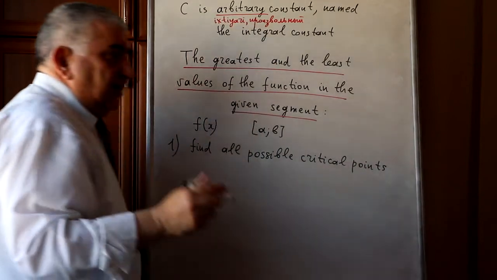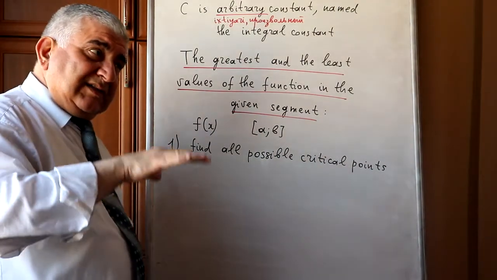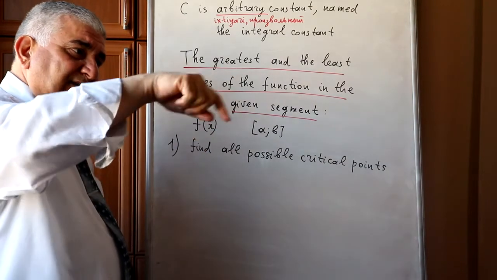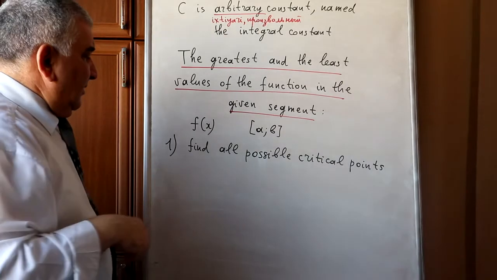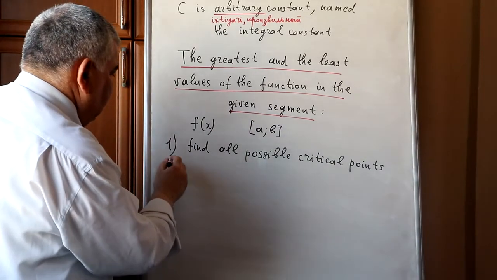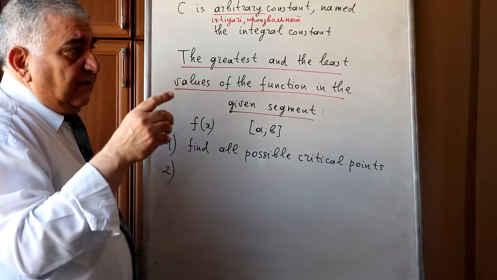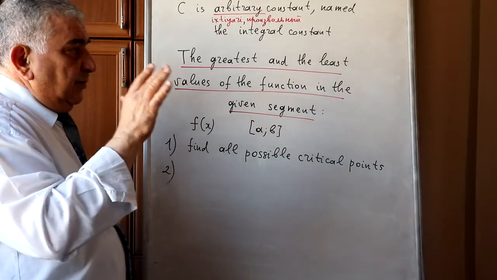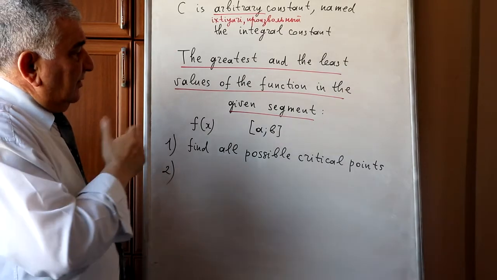For this, we must equalize the derivative. First find the derivative of the given function, and then equalize the obtained derivative to 0. Then, in the second step, we must select only those critical points which belong to the given segment.